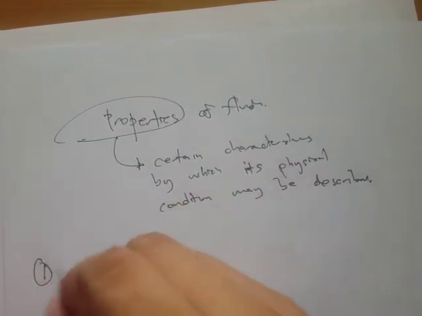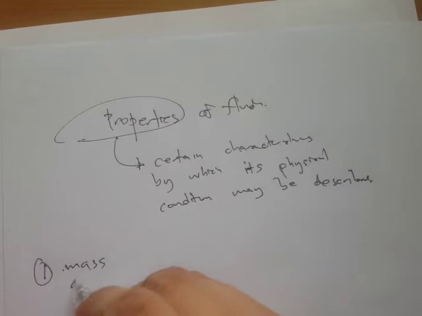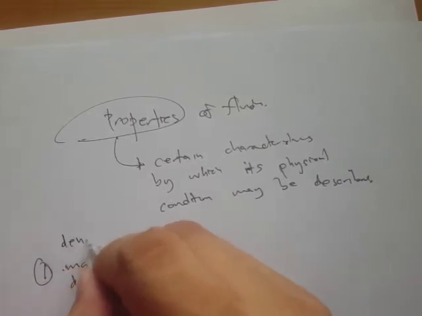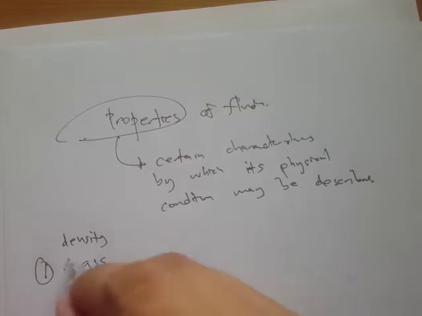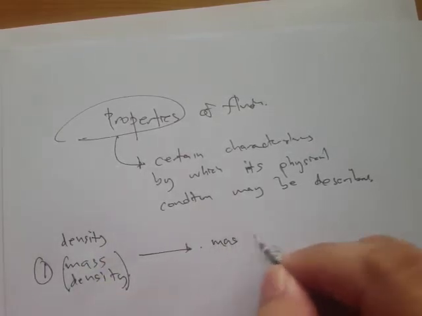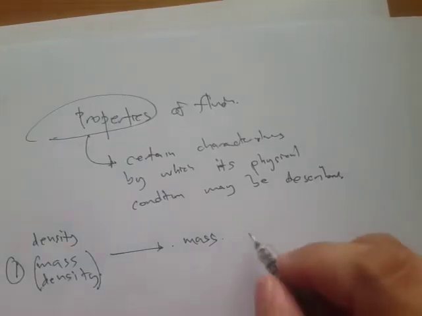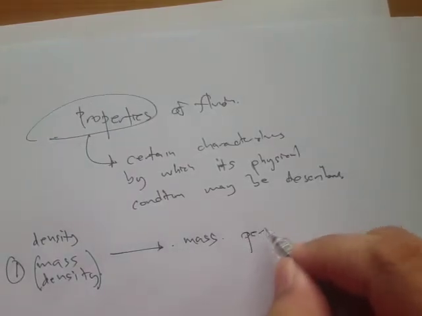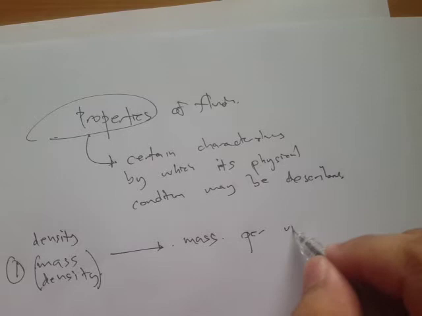First property is, let's say, the mass density, or just simply density. Sometimes when we say density, we refer to mass density, and the definition is mass per unit volume.